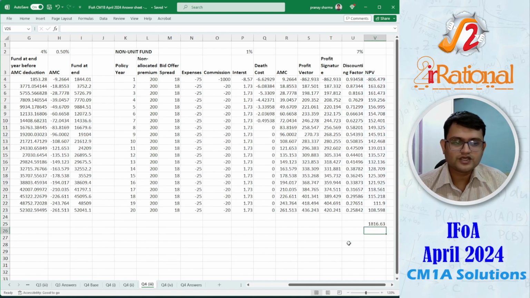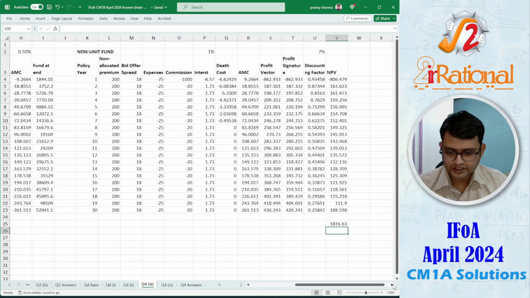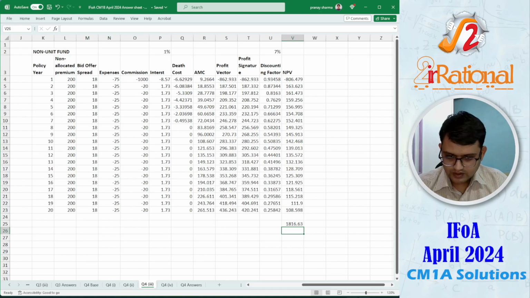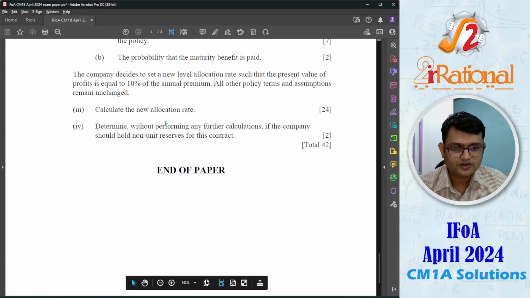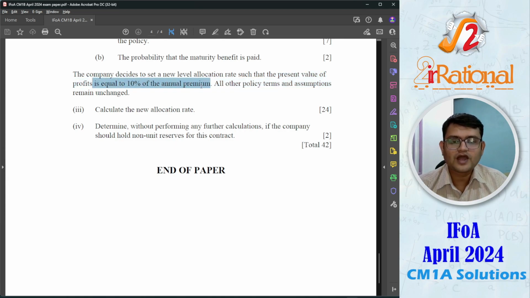This NPV is supposed to be 10% of single premium. That is what the question said. Okay, so you can see here the present value of profit is equal to 10% of the annual premium, that is 10% of 2000, and using that we have to find that new level allocations.